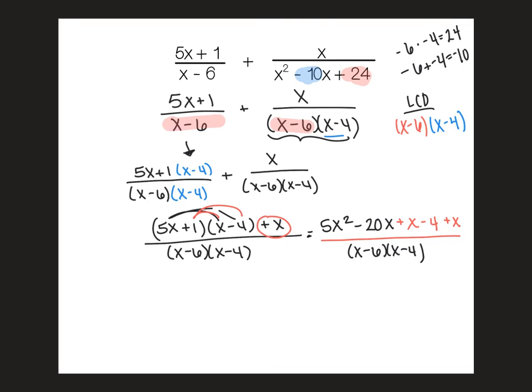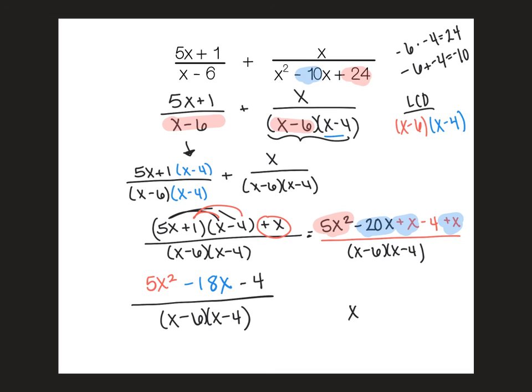If I start with my x squareds, I only have 5x squared. Moving on to my x's, I have negative 20x plus x plus x, which would be negative 18x. Lastly, my constants, I have negative 4. If I needed to list any domain restrictions, I would notice that x cannot be 6 and x can also not be 4.